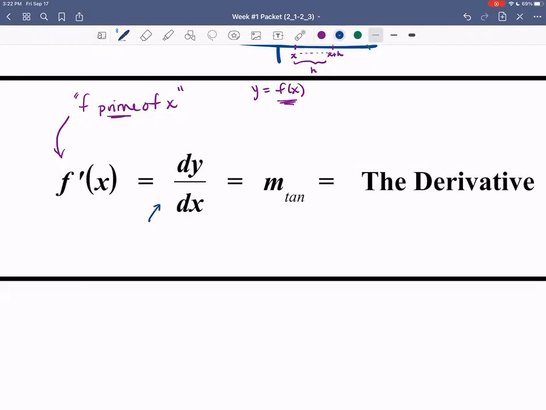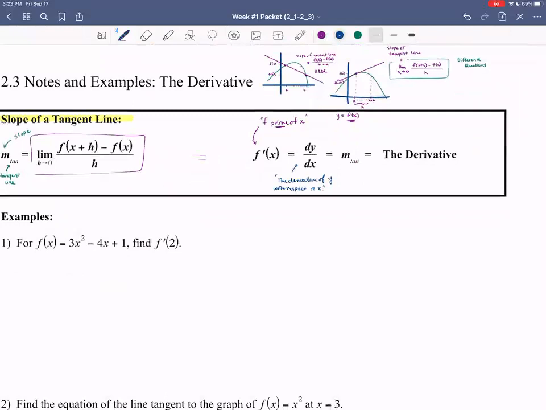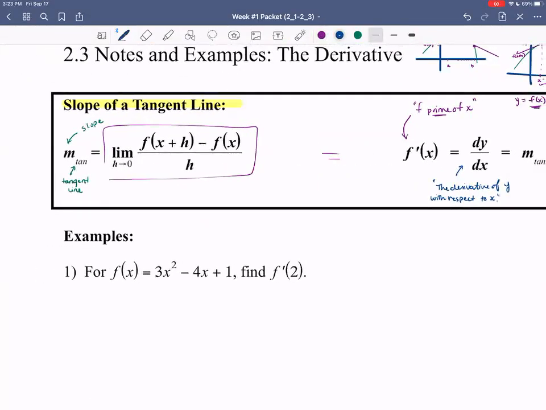More formally, we say this fraction is the derivative of y with respect to x. The dx on the bottom tells us which variable we are changing.